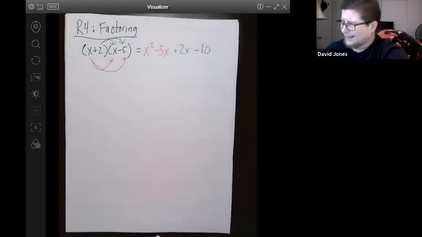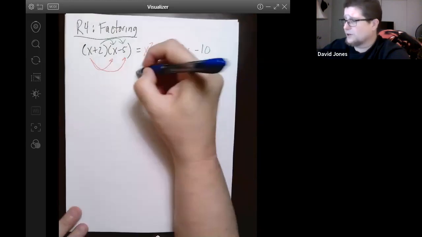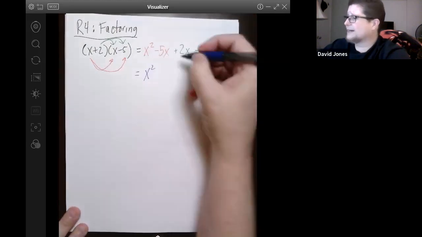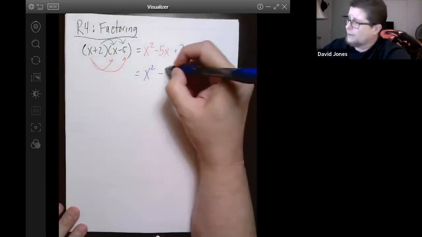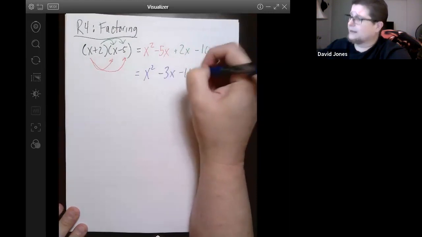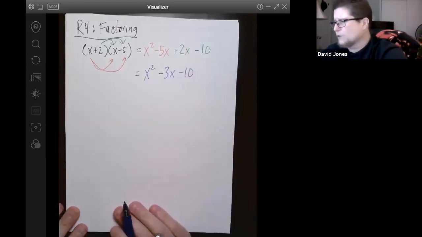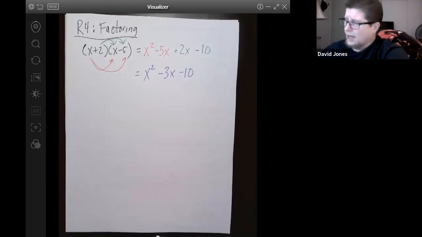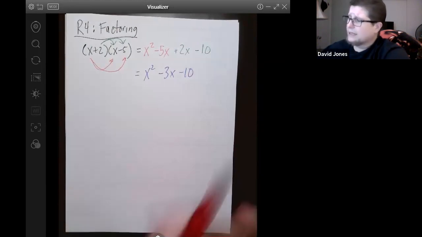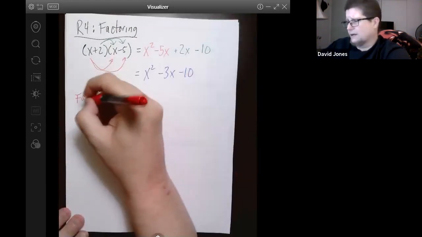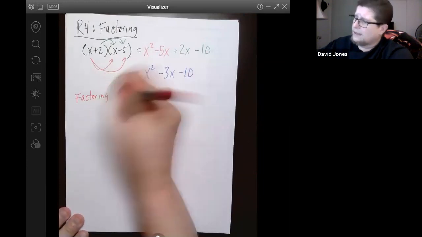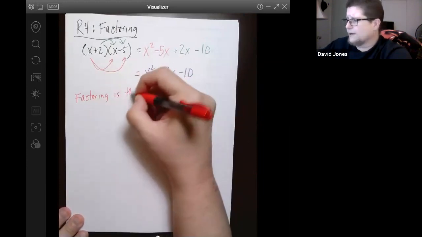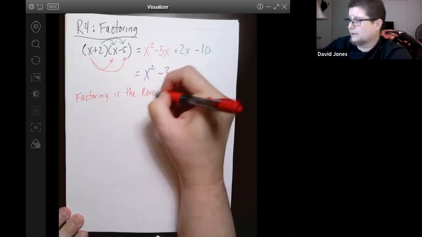Then I've got like terms, and I can add them together. I can combine the negative 5x and positive 2x, and we get x squared minus 3x minus 10. So here we distributed. Factoring is the reverse of distributing.